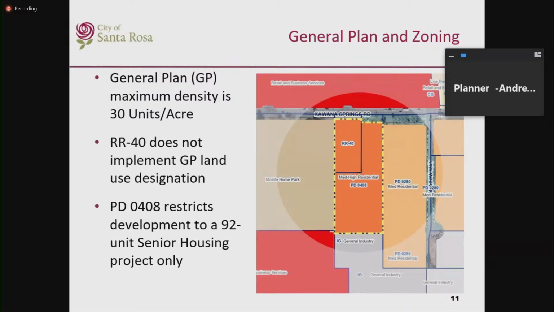Additionally, the planned development would restrict development to a 92-unit senior housing project only, which is not consistent with the medium high density residential land use designation. Next slide, please.